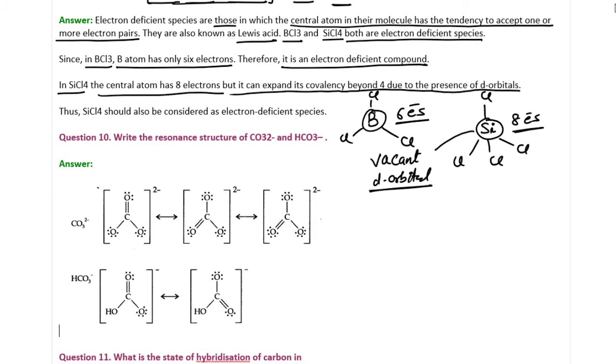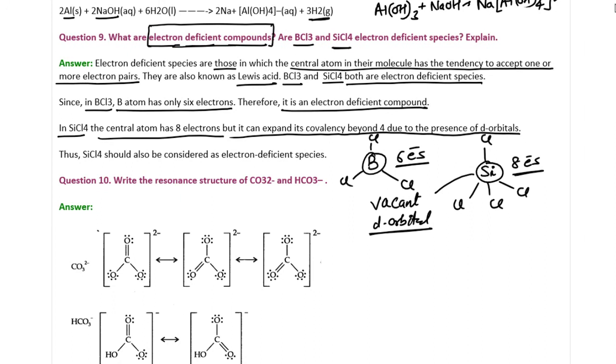Now question number 10. Question number 10 is, write the resonance structures of CO3 2 negative and HCO3 1 negative.